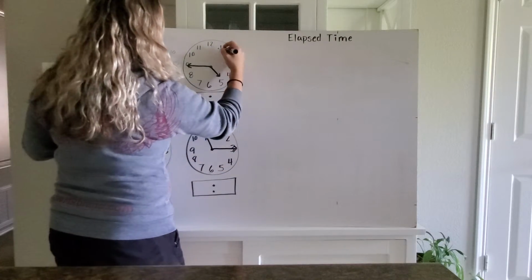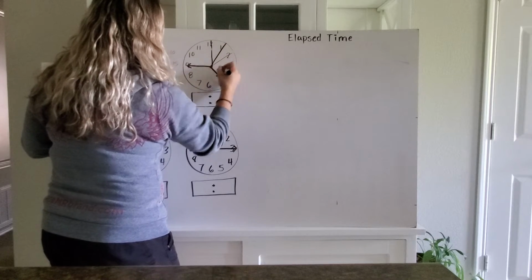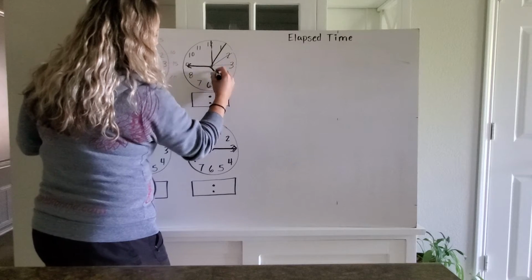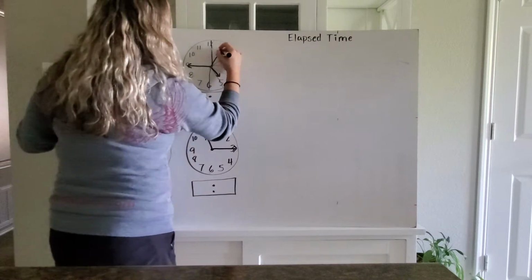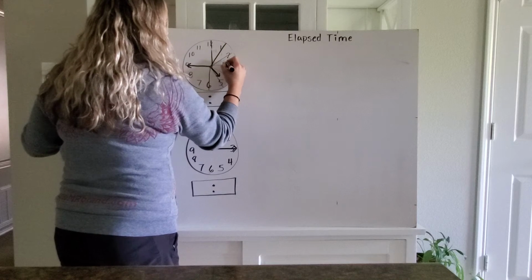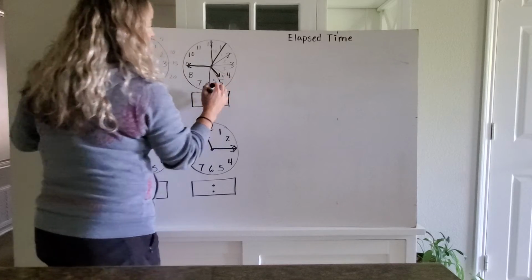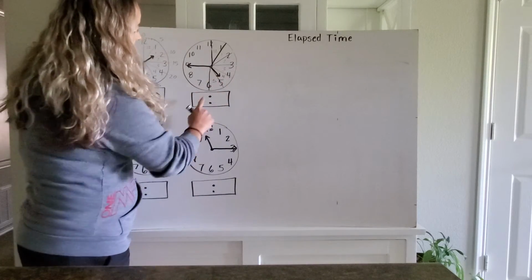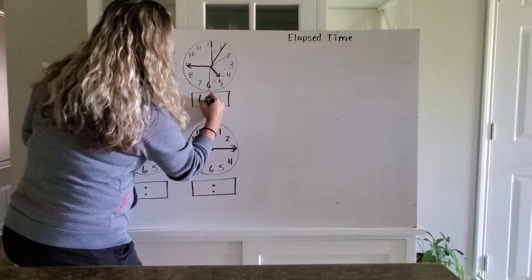So we've got to figure out this one. Again, let me make my parking spots. So 12 o'clock, 1 o'clock, 2, 3, 4, 5. If I look at my short hand, it's in the 4 o'clock spot.